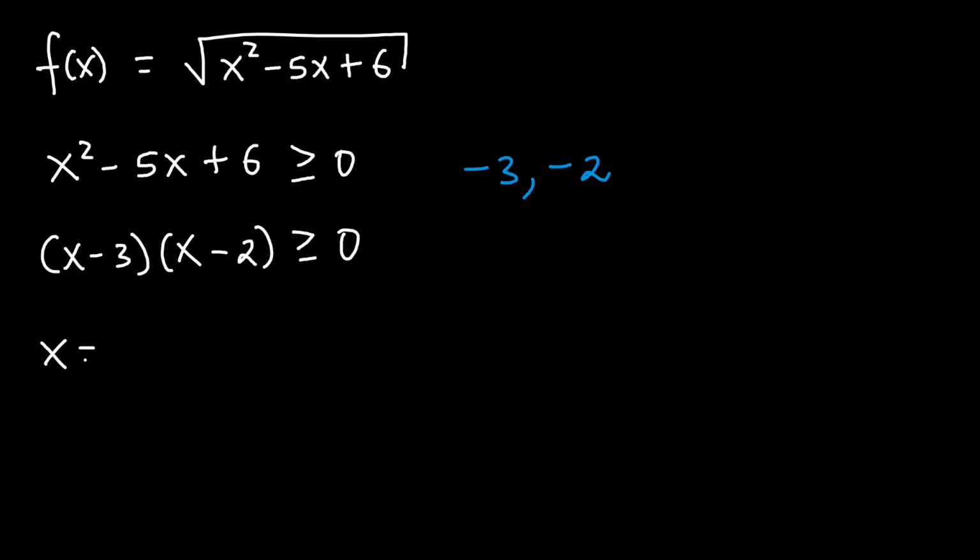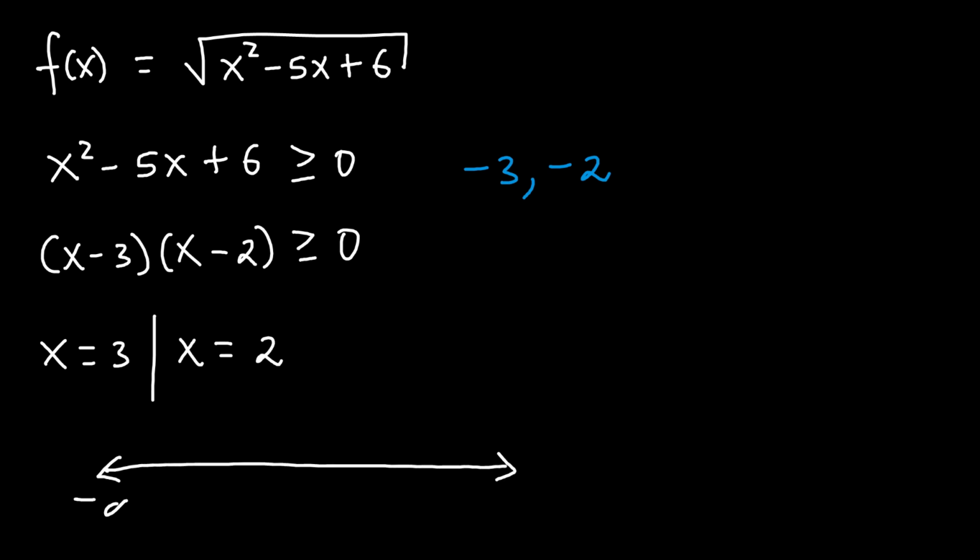And therefore, x can be equal to +3 or x can be equal to +2. And representing this on a number line, here we have -infinity, +2, +3, and then +infinity. Since x can be equal to 2 or 3, we need to mark this using a shaded circle.